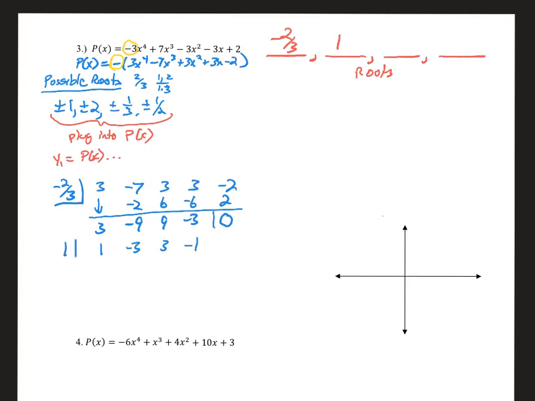Now I will do synthetic division one more time with 1, my other root that I found. And this turns out really nice. The remaining quadratic is x squared minus 2x plus 1. My other 2 roots are in here.